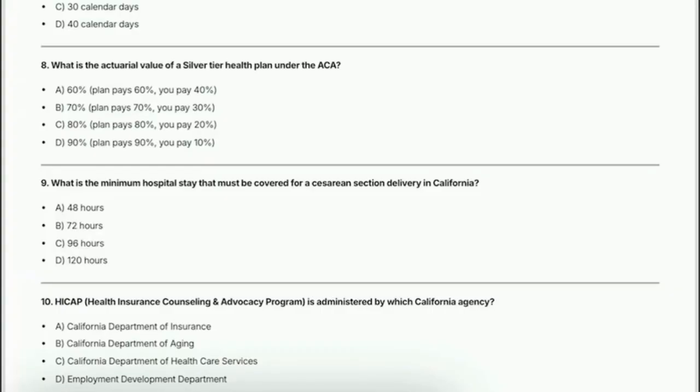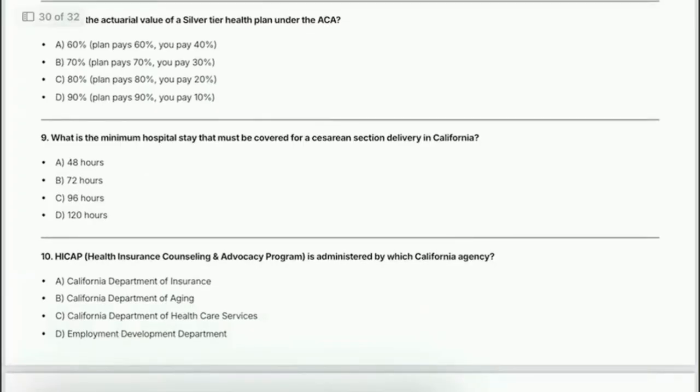And number 10, HICAP, Health Insurance Counseling and Advocacy Program, is administered by which California agency? California Department of Insurance, California Department of Aging, California Department of Healthcare Services, or Employment Development Department?